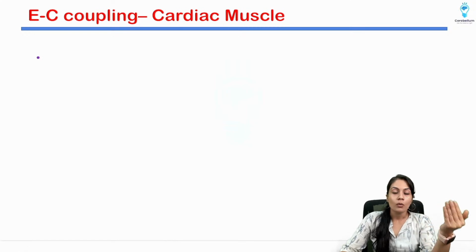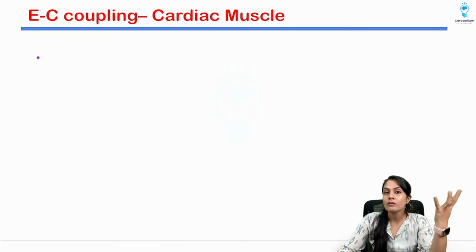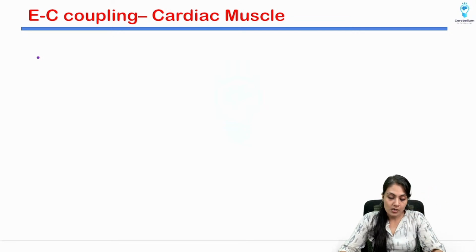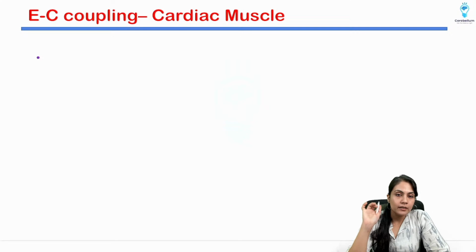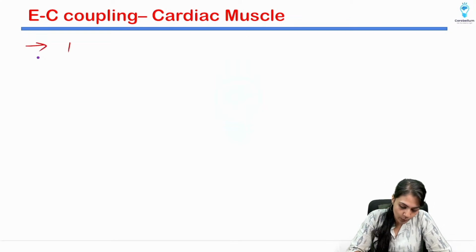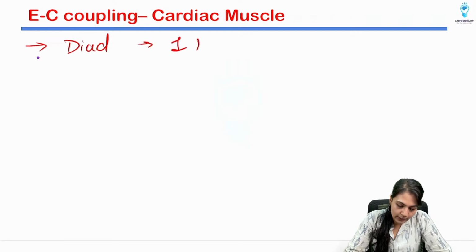What are the differences in the excitation-contraction coupling of the cardiac muscle and the skeletal muscle? Please remember, again, the same thing is going to happen. I'm just going to note down the difference over here. The first difference is that the dyad is present and not the triad. That means only one T tubule and one L tubule is going to be present.